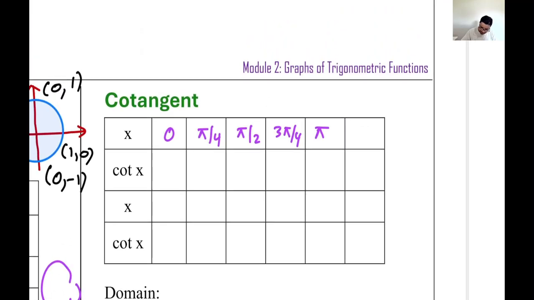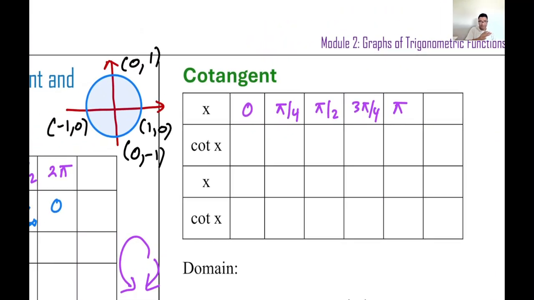And look at the unit circle on the upper left and write the values. The definition of cotangent is the reciprocal of tangent or x over y. So at 0 radians, the point is 1 comma 0. So 1 over 0. So here it goes to plus minus infinity.